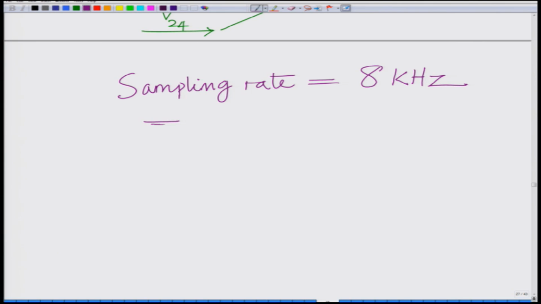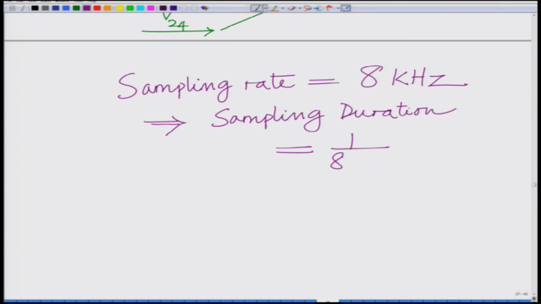So, naturally, sampling rate equal to 8 kilohertz implies sampling duration Ts equals 1 over 8 kilohertz, that is equal to 125 microseconds. Okay.